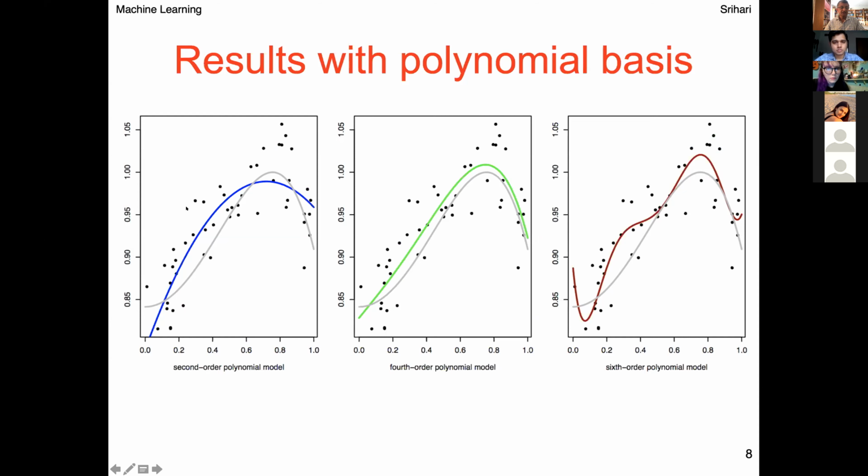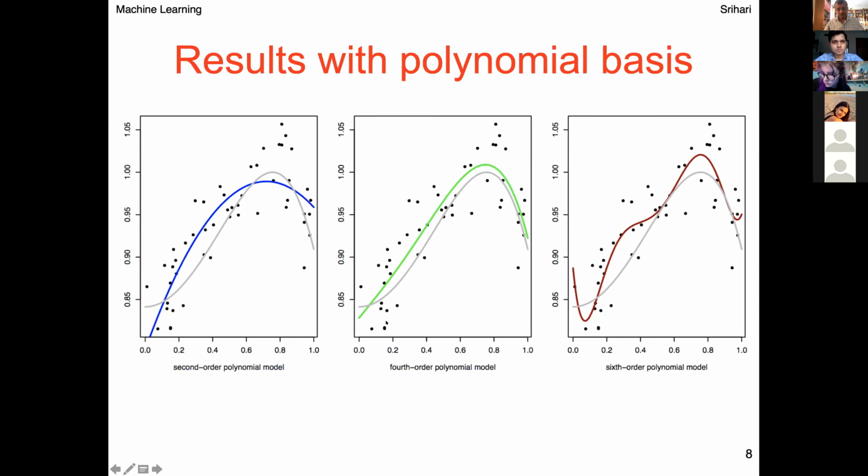It was something like 1 plus a sine of 2 pi x, plus some noise. The gray one is the original data, and then we are adding noise to it to get the dotted points.